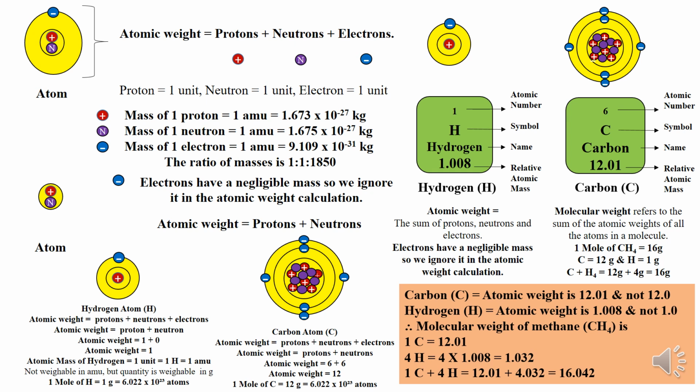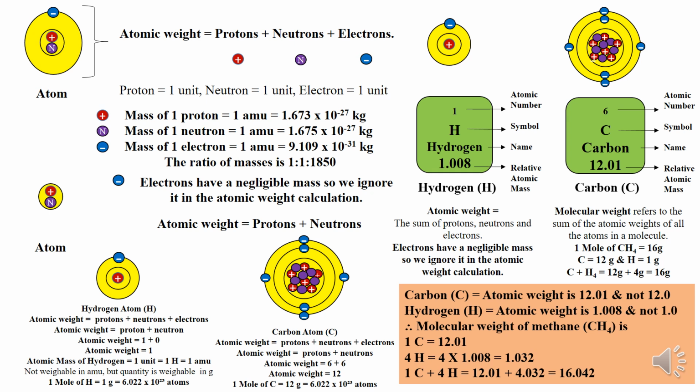And that is why the relative atomic masses are always mentioned in decimals for the respective elements if they exist in isotopic forms, or if the element contains naturally occurring isotopes.